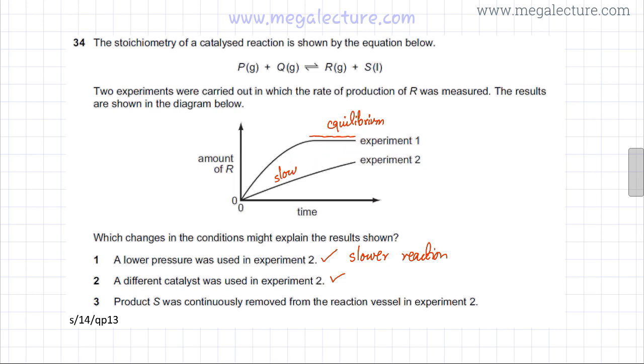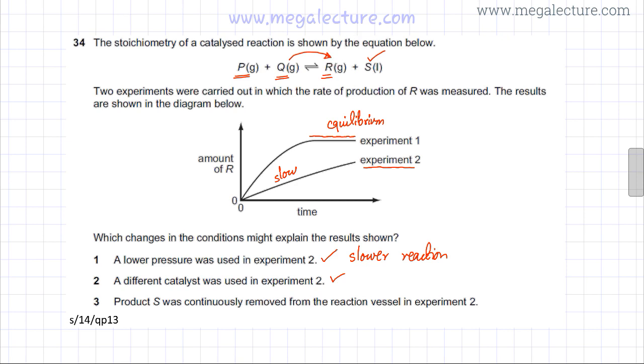Option 3 is that product S was continuously removed from the reaction vessel in experiment 2. Remember we're talking about the amount of R that's being produced. If you constantly remove product S, there would be no change in the rate of forward reaction, because the rate of the forward reaction depends on the collisions occurring between P and Q. If you increase the effectiveness of collisions between P and Q, the amount of R produced per unit time would increase.